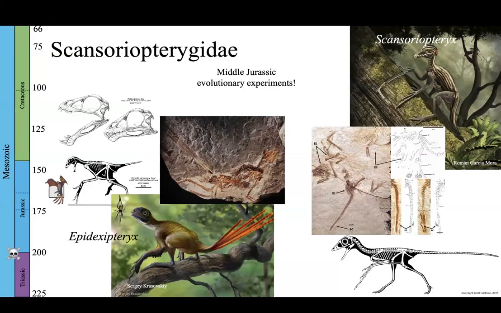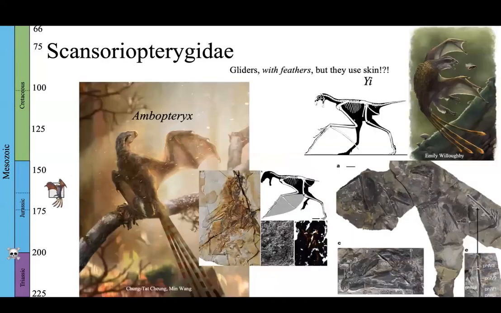Well, there are some even weirder scansoriopterygids. These two, one's called Ambopteryx and the other one's called Yi, are truly shocking. When these animals first came out, and they've both only been found in the last 8 years or so, I was blown away. So you can see the skull of Yi down there in the bottom on the right.